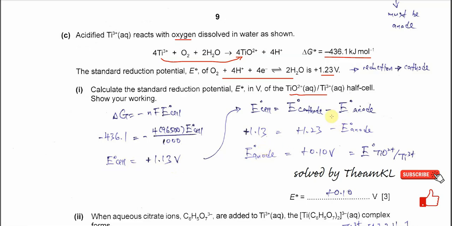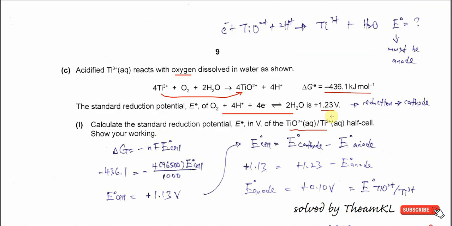So what is E anode and E cathode? The basic concept must be there. You must know which one is cathode and which one is anode. From this reaction again, we know that oxygen must be the one that oxidizes others, meaning itself gets reduced.